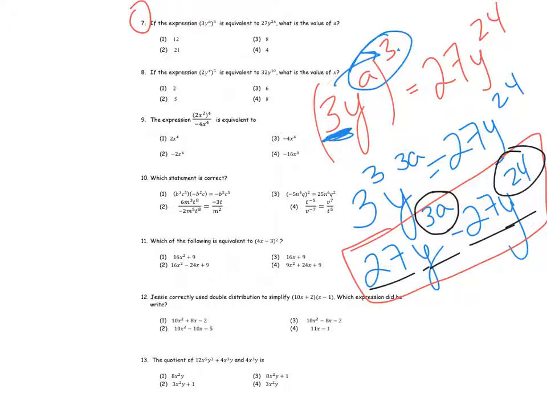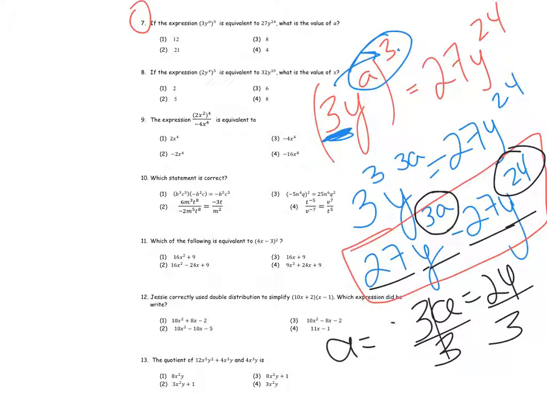Well, somehow I've got to manipulate that a so that way these two things are the same. Well, if these two things are equivalent, I'm just going to set them equal and then solve for a. And this question comes straight from a Regents, guys. Answer choice 3.